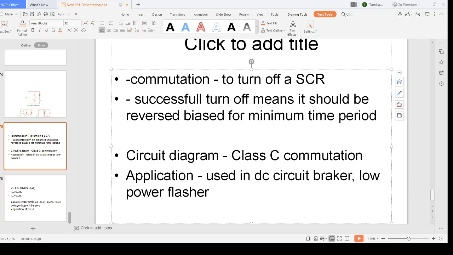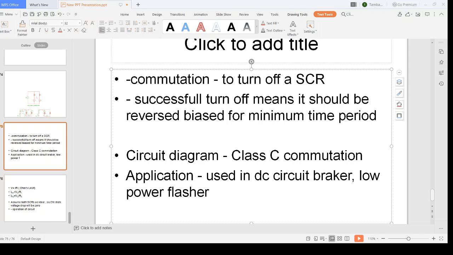This class C commutation technique is used in two major applications, DC circuit breaker or low power flasher.